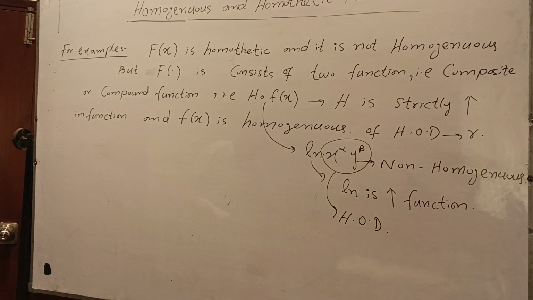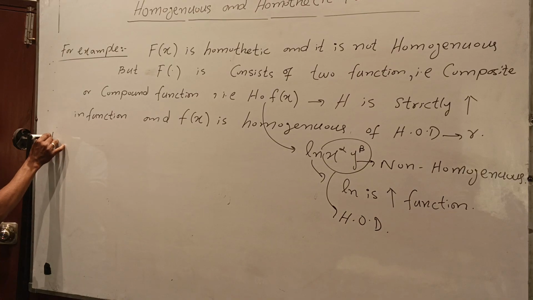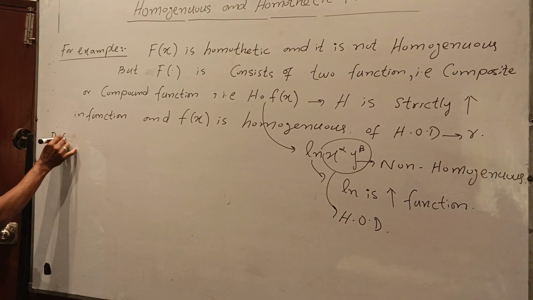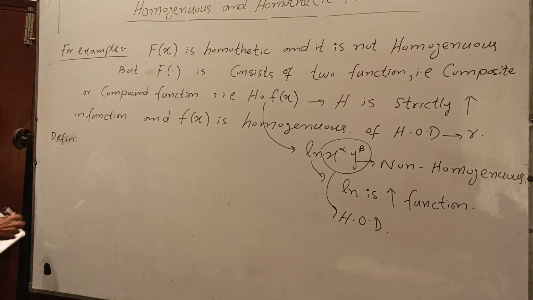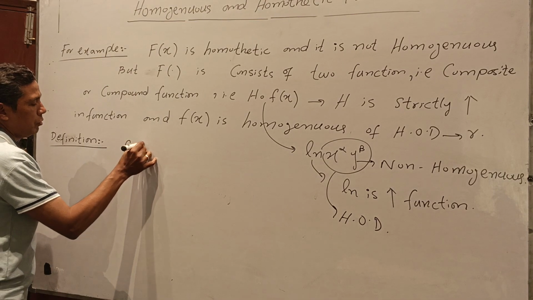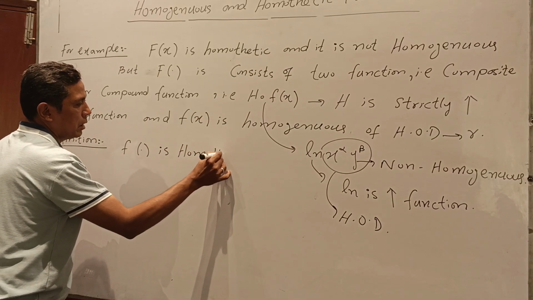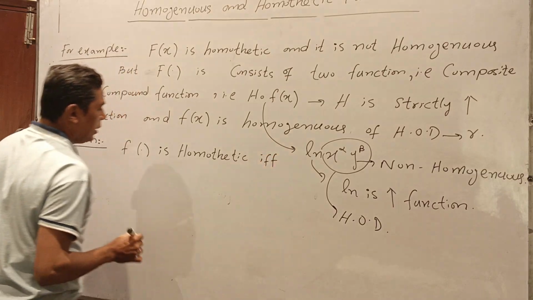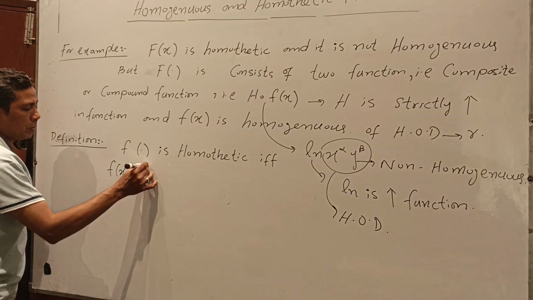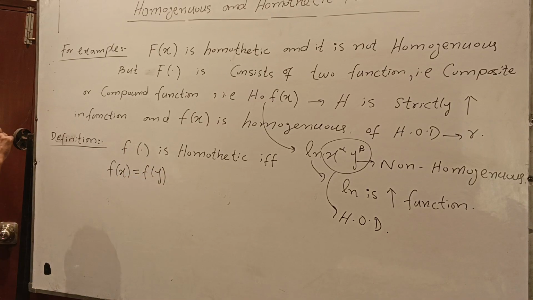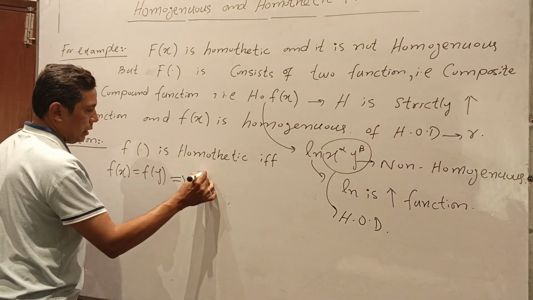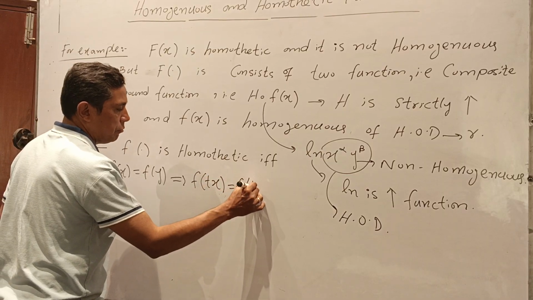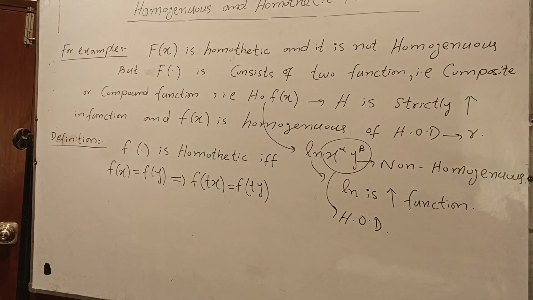Definition: f is homothetic if and only if f(x) equal to f(y) implies that f(tx) equal to f(ty). This is the definition.